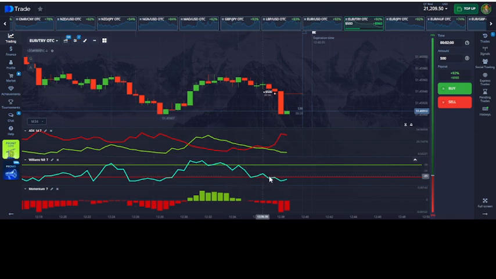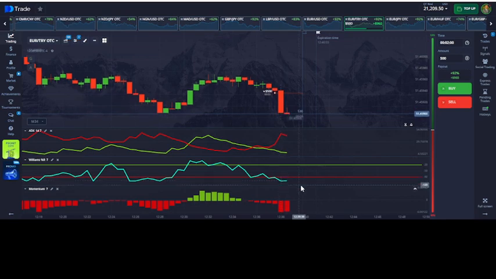Then secondly, here we have the Williams percent R line crossing below the minus 80 line in a downward direction. And then we see the momentum line here printing, the histograms printing below the zero line, which is another confirmation that tells us the momentum of the bearish trend continues.